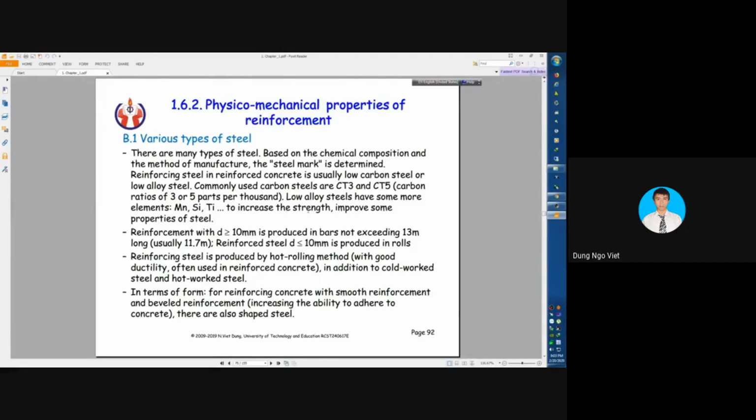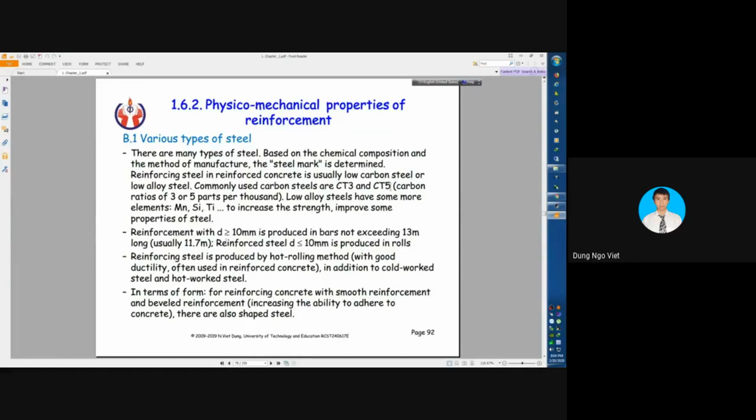Commonly used carbon steels are CT3 and CT5 with carbon ratios of 3 or 5 parts per thousand. And low alloy steel has some more elements like manganese, silicon, and titanium to increase the strength and improve some properties of steel.